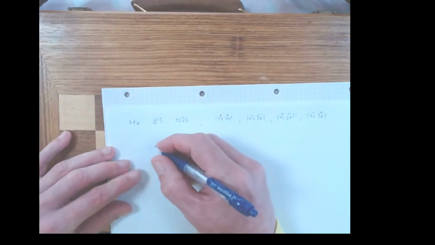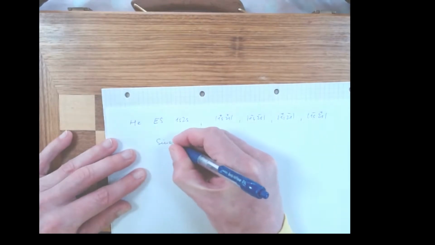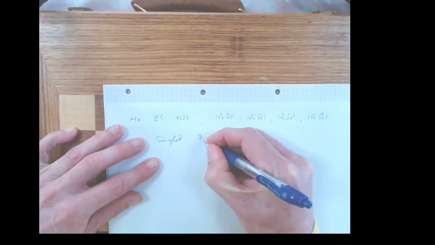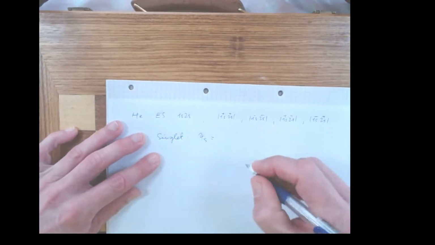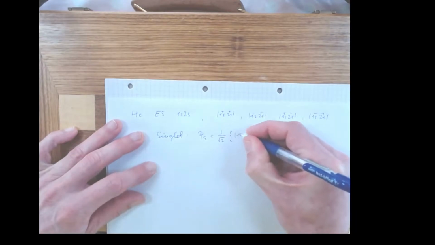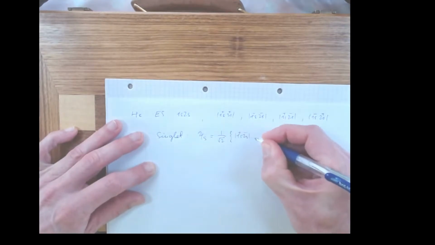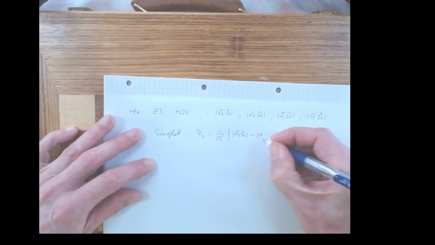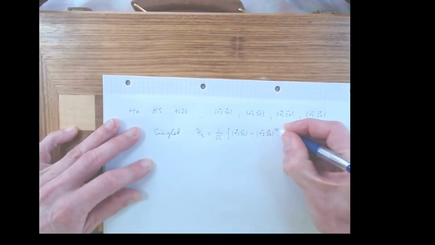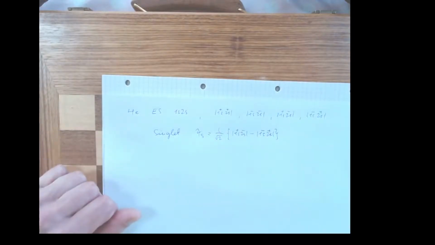So we had a singlet, which we might call phi s, which was 1 over root 2 times the 1s plus 2s minus, minus the 1s minus 2s plus. That's what we found for the singlet.